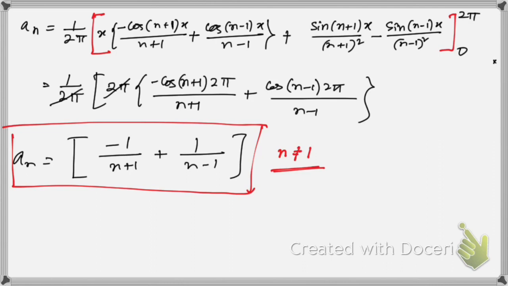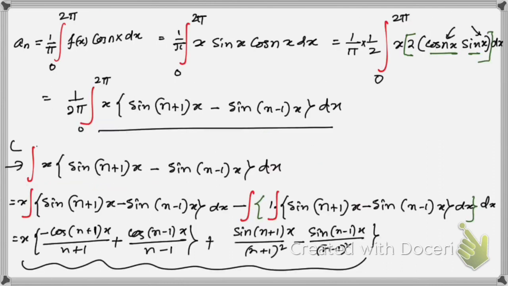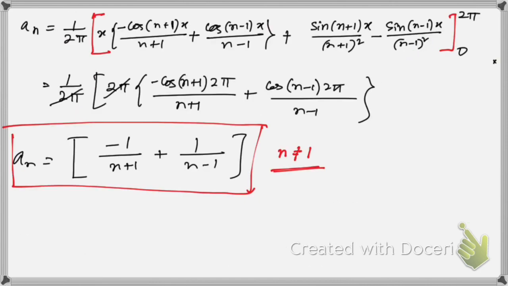In order to find a1, we're going to start with this expression first. From this expression, f of x is x sine x, times cos nx dx. We're going to use this result again. So this is the new slide here. Let me paste the result here. So if an is equal to this one, what will be a1?